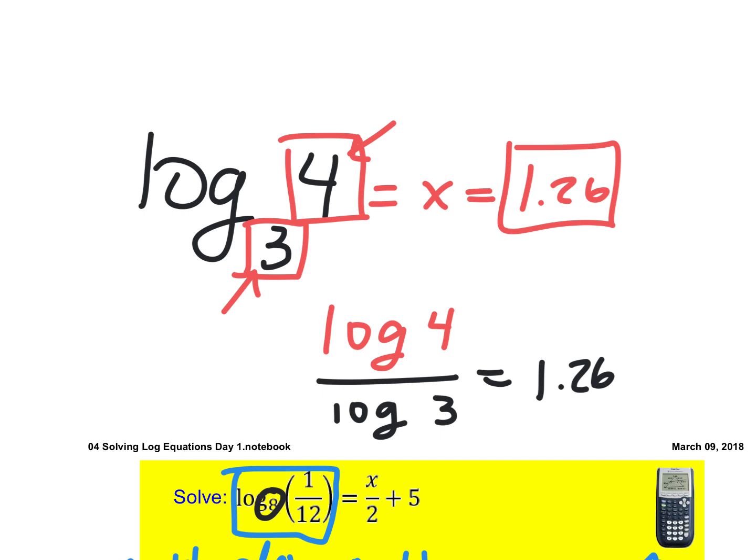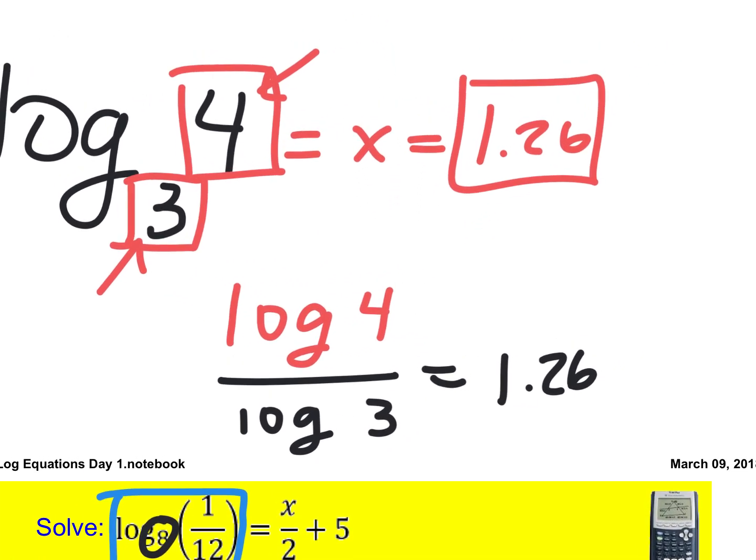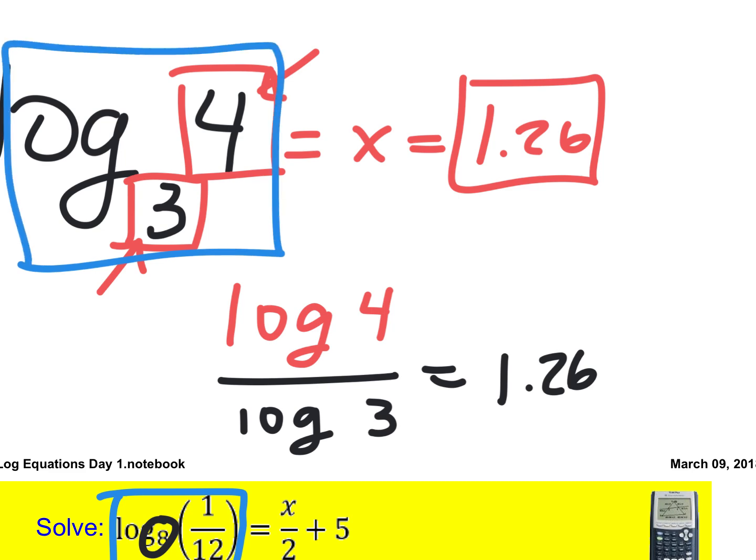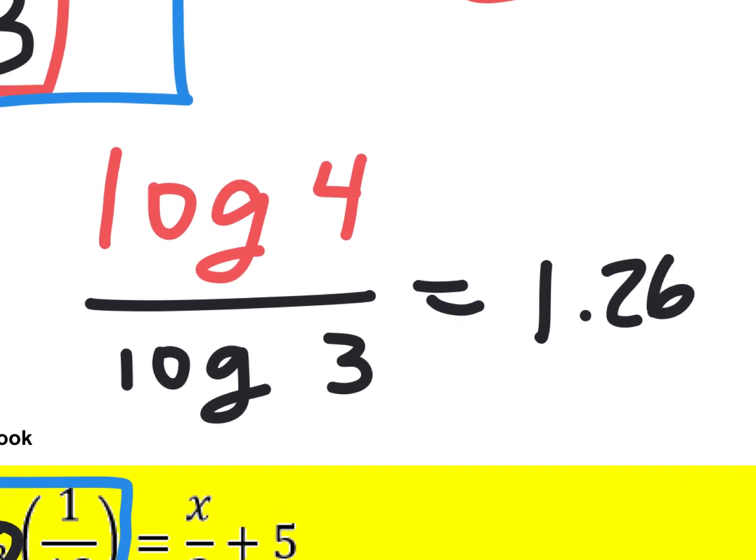All right, so that is called a base change, and it kind of blows my mind. This is base 3. These kind of don't have a base, which means that they really have a base of what? Remember what base you have if you don't say what base it is?